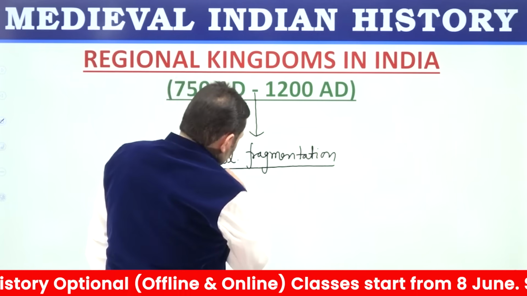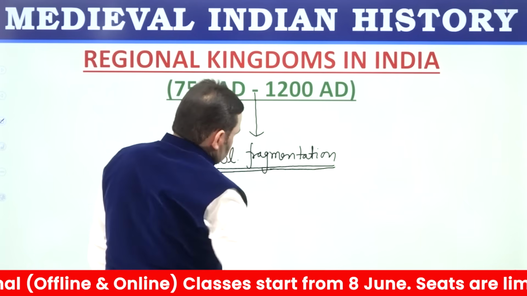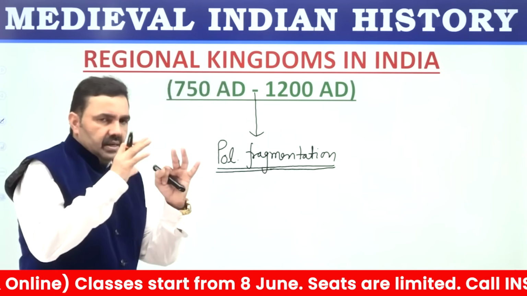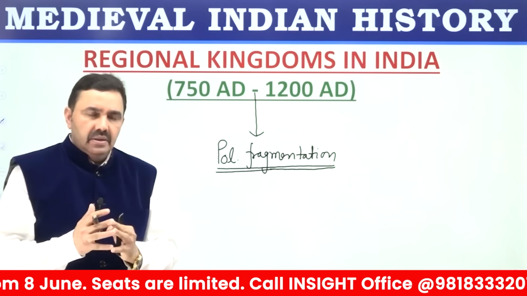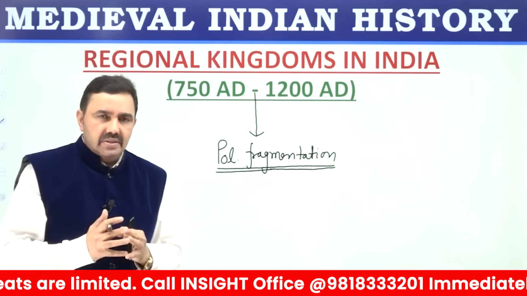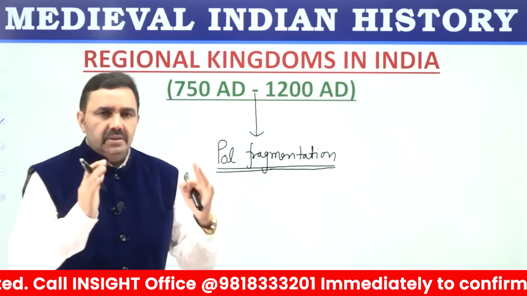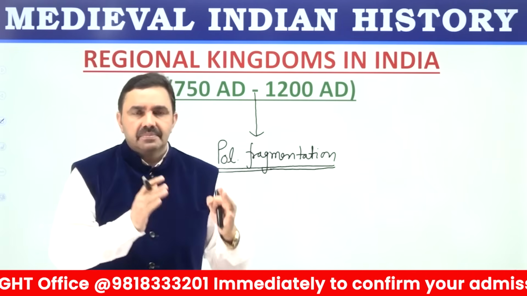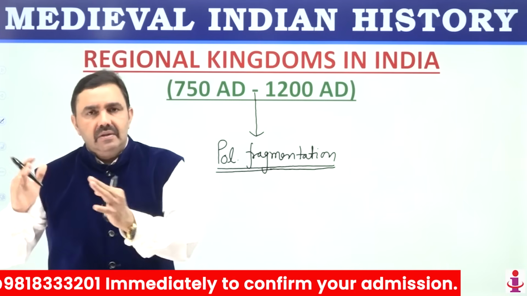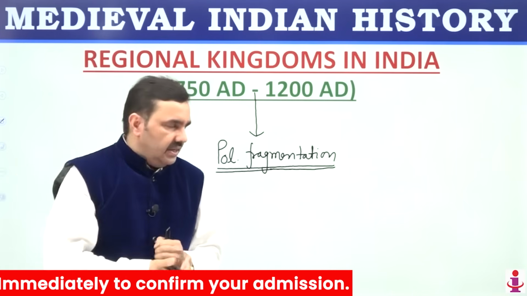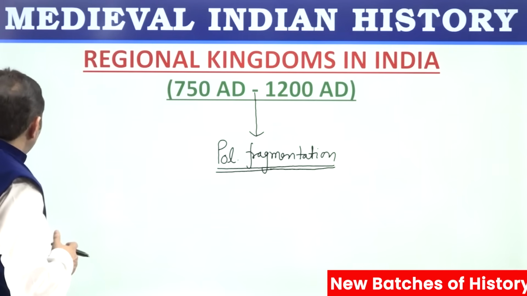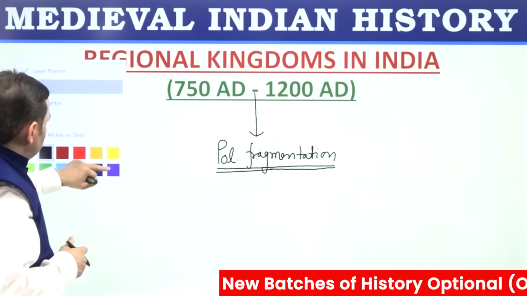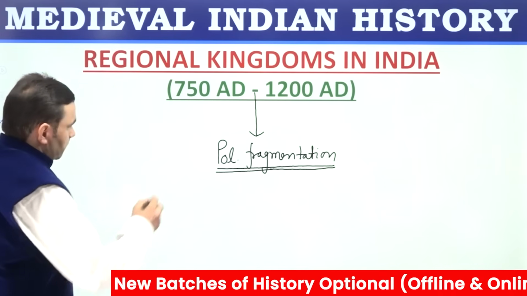When we see ancient Indian history and medieval Indian history, what are the fundamental differences? Why do we call a particular phase ancient India and why do we call the other phase medieval India? So that concept should be clear to you, and then you can understand what was happening in this period.